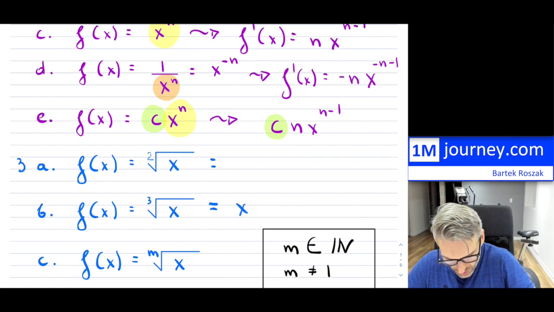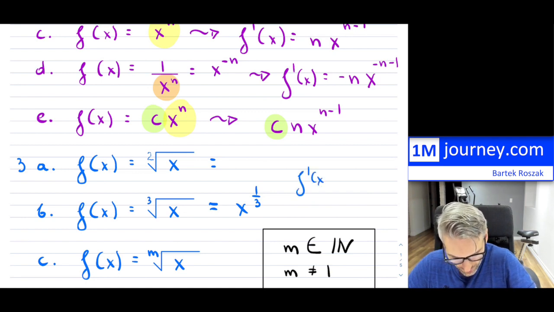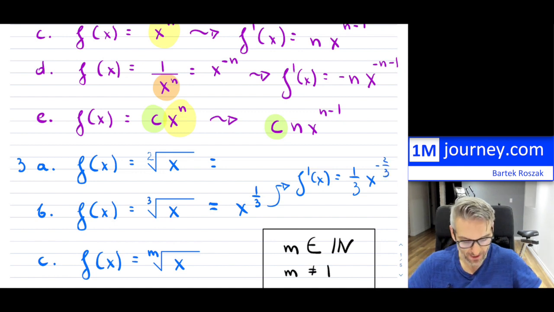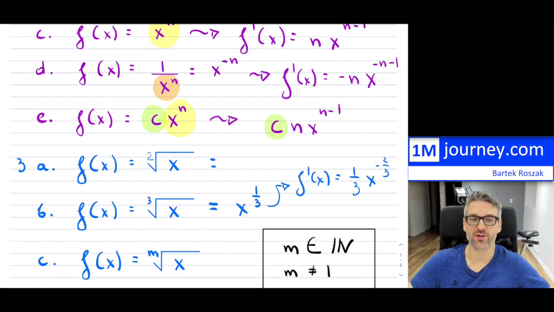Well, this is equal to x to the power of 1 over 3. The derivative is, again, taking the exponent, putting it in front, and then subtracting 1 from 1 over 3, which gives negative 2 over 3. And that is the answer.